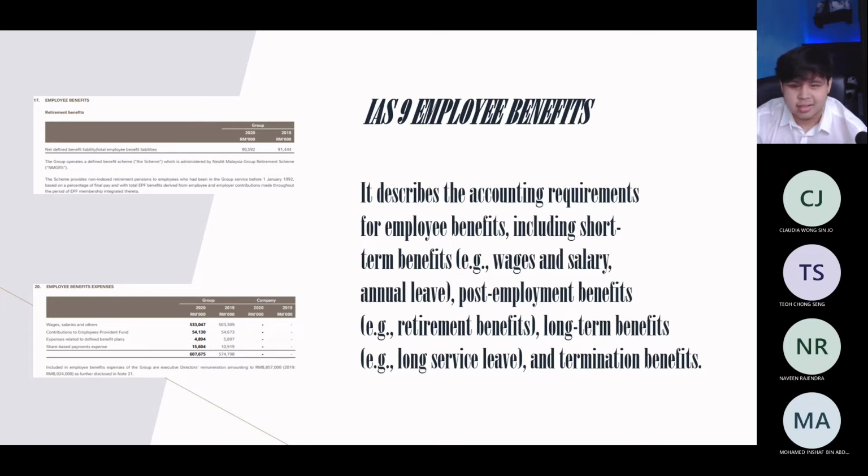The standard establishes the principle that the cost of providing employee benefits should be recognized in the period in which the benefit is earned by the employee rather than when it is paid or payable. It lays out how each type of employee benefit should be measured, with special attention to post-employment benefits.